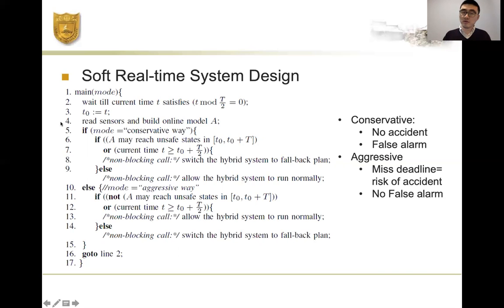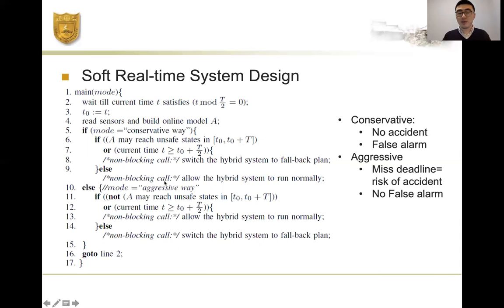So if we do the conservative way, you switch the hardware system to the fallback plan. You haven't gotten the result, which means you may face the risk that the system is unsafe, right? So you call it stop.